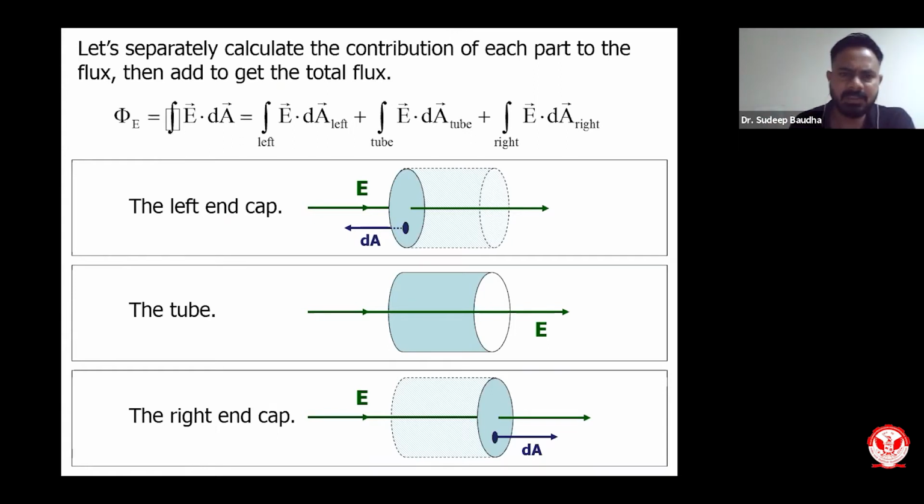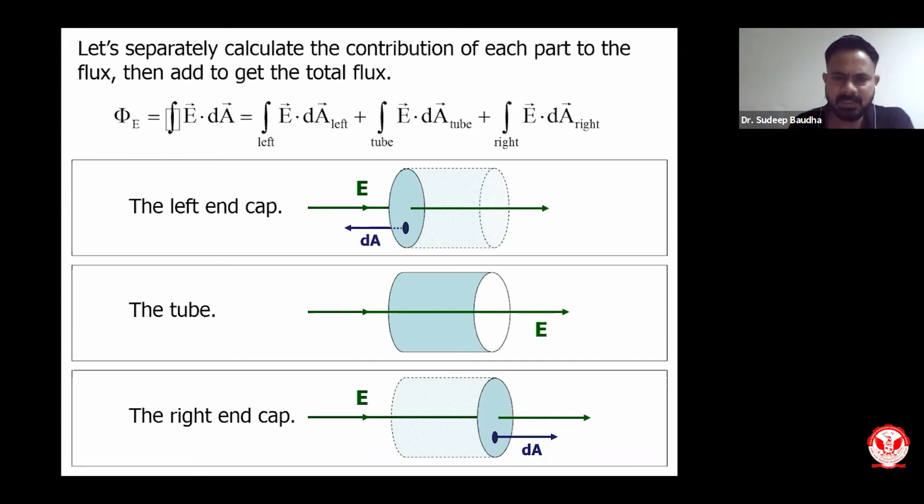I have marked the electric flux due to the left hand cap, the flux for the tube, and the flux for the right hand cap. Please remember the direction of the area vector.